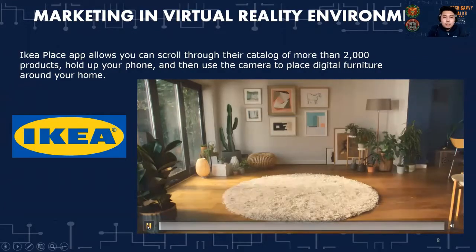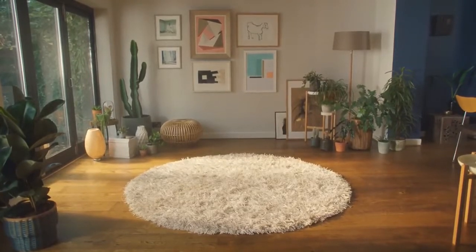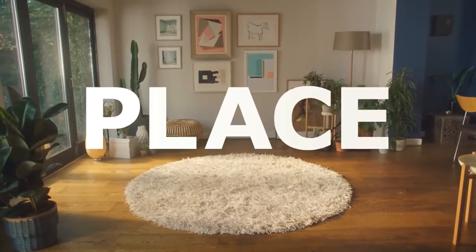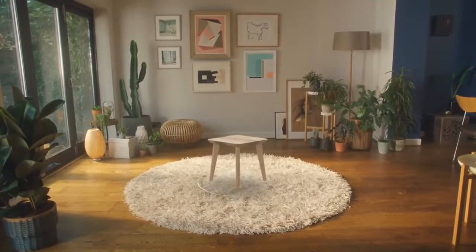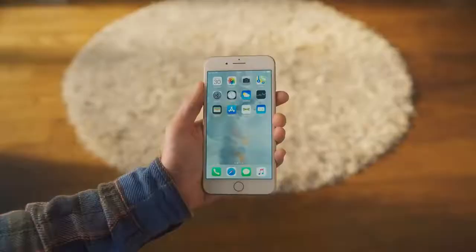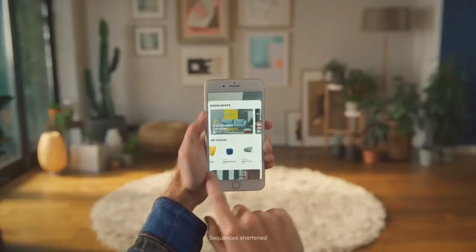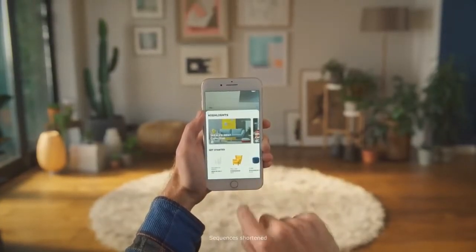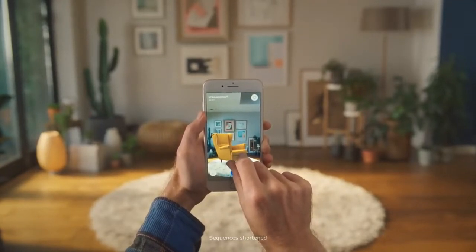So let's watch. Hey, IKEA would like everyone to know about Place, our new augmented reality app. Built on Apple's new ARKit, you can easily place true to scale 3D models of IKEA furniture in your place. Scan, browse, select, move, and place.